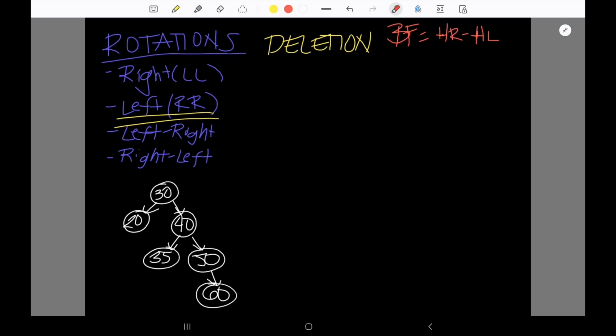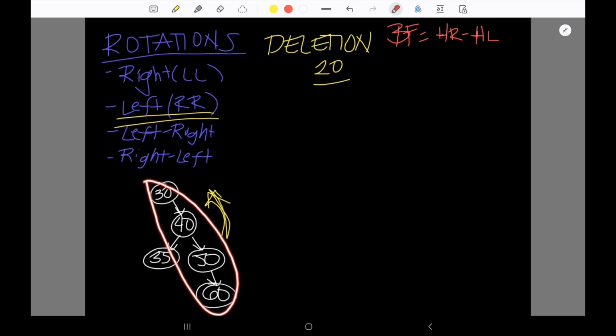So now we're going to rotate it to the left, but we're going to delete 20 first. So if we delete 20, okay, let's delete 20. It's gone. Obviously, we rotate to the left because the right subtree is too tall. Obviously, it's not balanced.